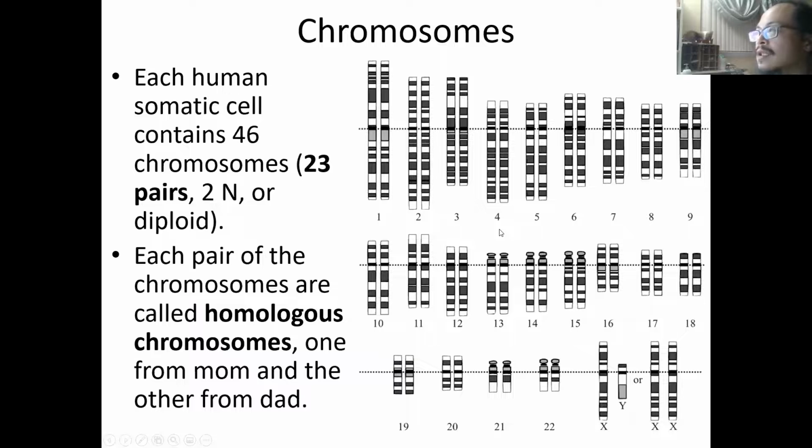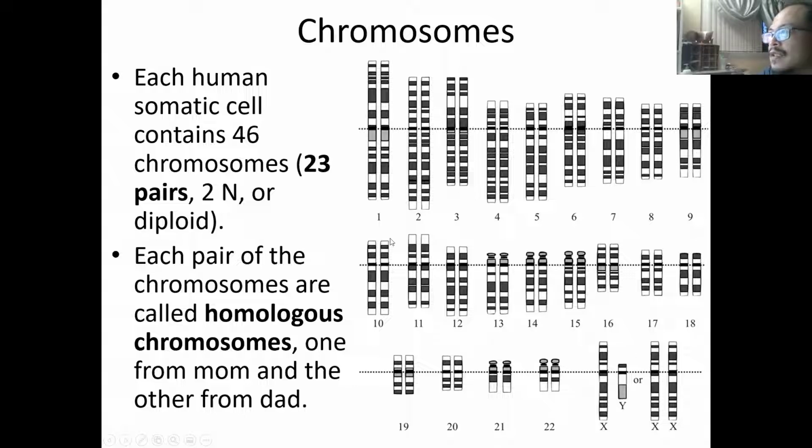So these are the example of these 23 pairs of chromosomes in somatic cells or body cells. You can see that up to 22 and 23. So for a male, you will have one X and one Y. For the female, you will have two X chromosomes.